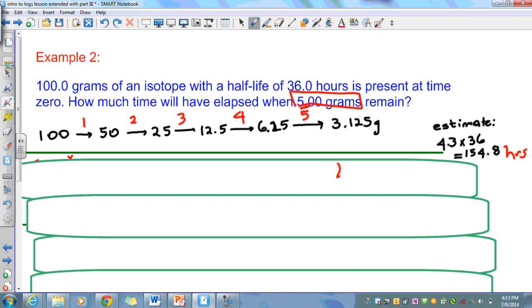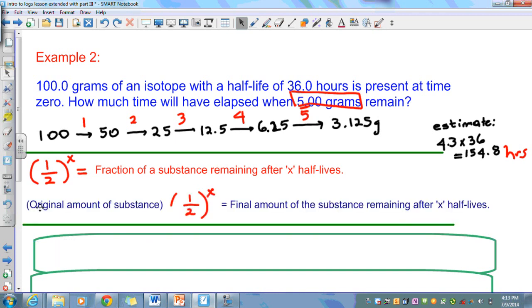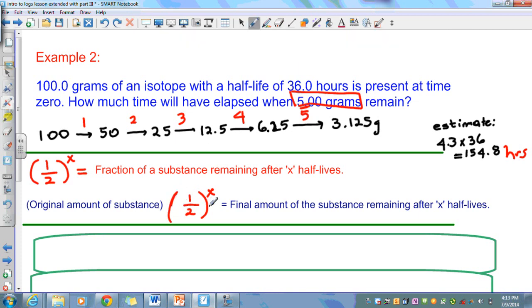Now let's do it using the actual formula approach. Remembering the formula from the last problem, 1/2 to the x, where x is the number of half-lives, gives you the fraction of a substance remaining after x half-lives. And there's one more formula which is pretty intuitive. If you take the original amount of a substance and multiply that by 1/2 to the x, that should give you the final amount of that substance remaining after x half-lives.